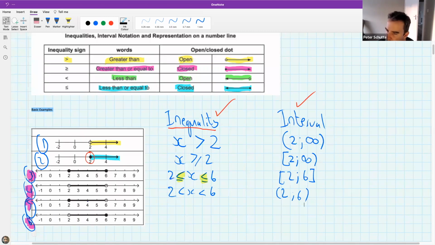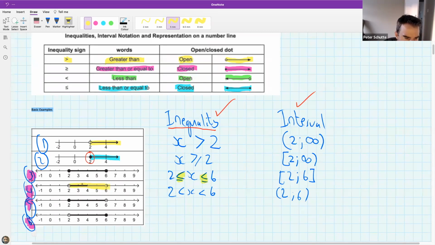So please explain where the sign points with the inequality. Okay, Cass, could you be a little bit more specific? I don't know if you want to ask an audio question if you can. But if I look at number 4, the x is between 2 and 6, right?